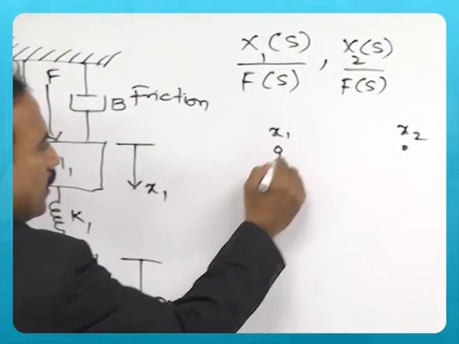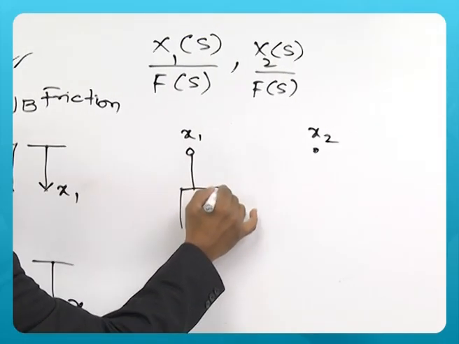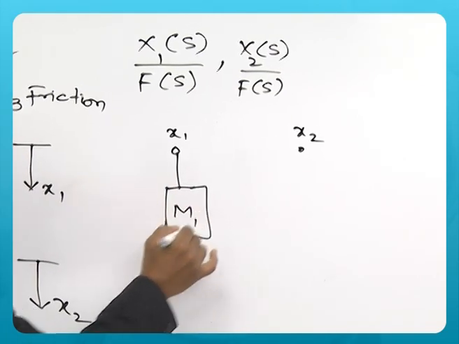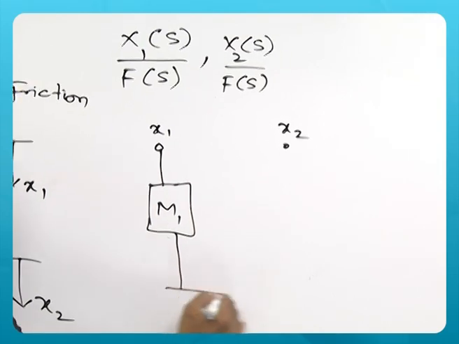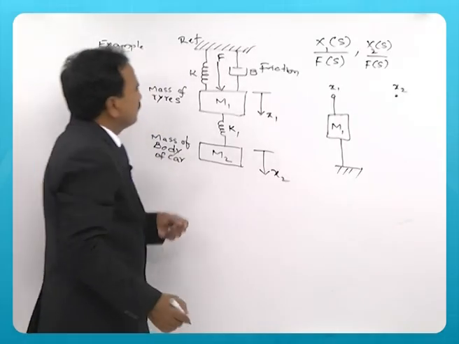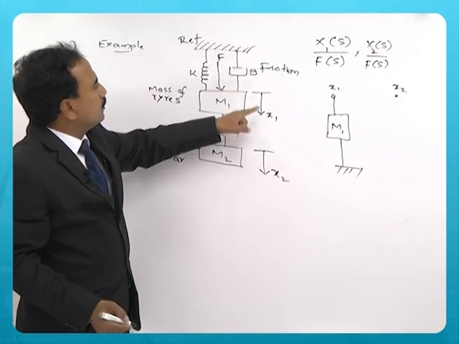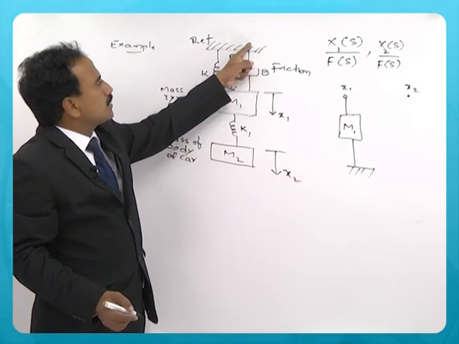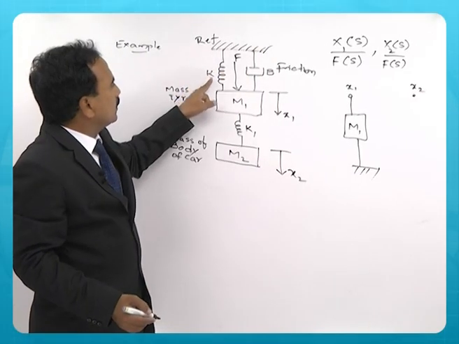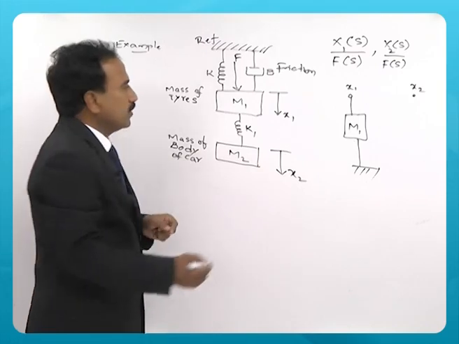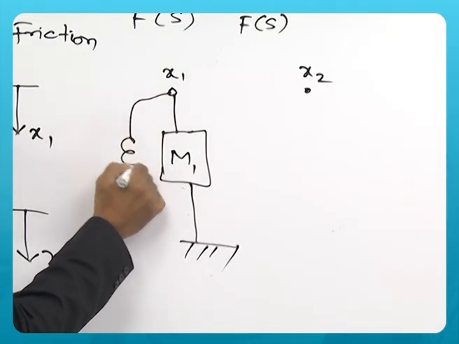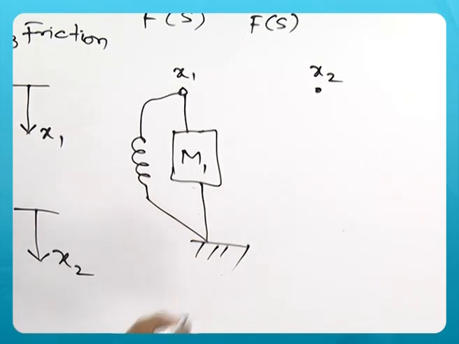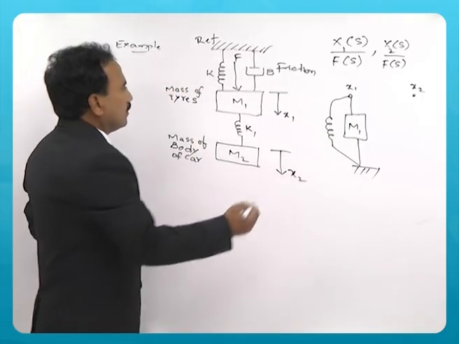So, let me connect that mass, which is associated with displacement 1, then ground, and this friction also exists between x1 and ground, K also exists between x1 and ground. So, these components are also connected to the displacement x1.